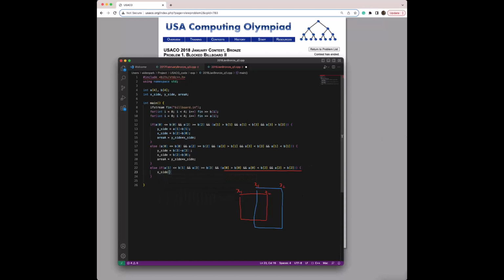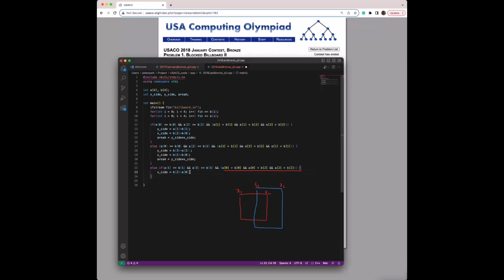So this is the case. We'll just take the x coordinate difference. So wait, would that be right? No, it'd be a 0.